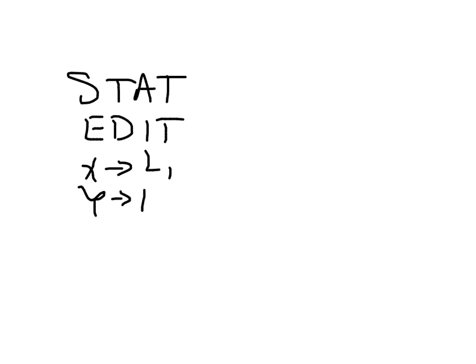Stat. Then what? Into edit. After I go into edit, X's go into list 1, Y's go into list 2. And after I've typed all that in, what did you do now to run the regression? Hit stat again. And then where did you go?